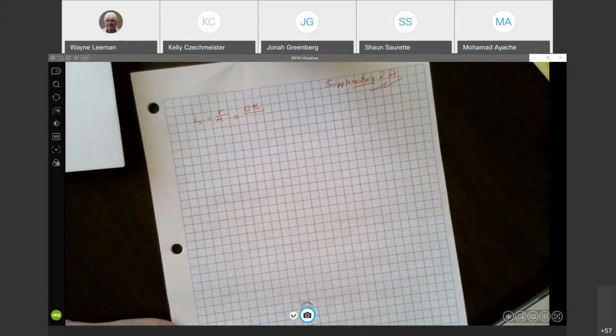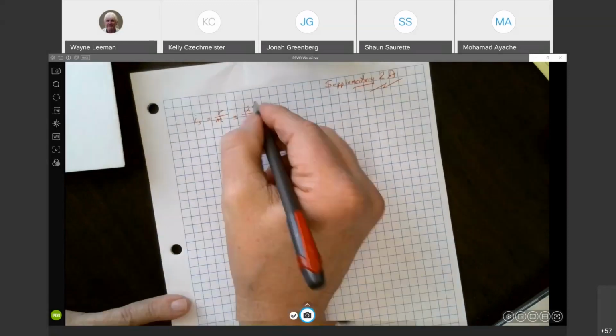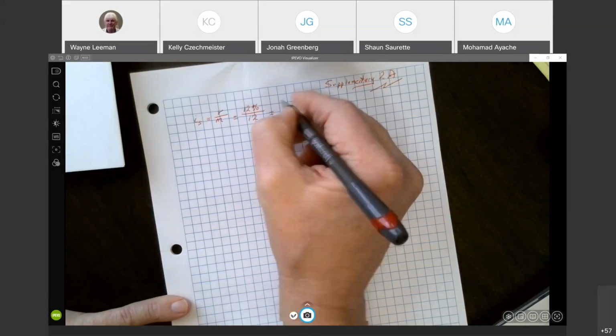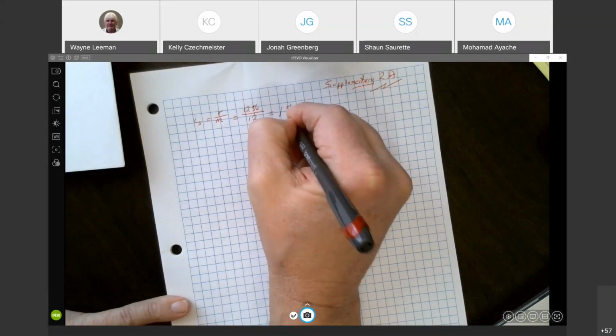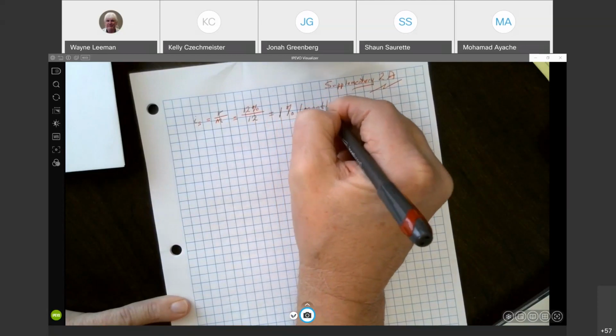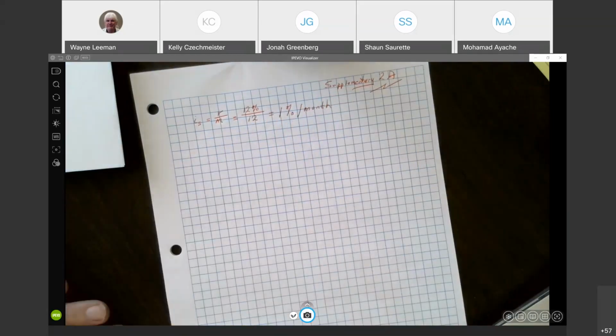And you should be telling me there are 12 months in a year. Therefore, the sub-period interest rate is 1% per month, or 1% monthly, if you like. Okay, so that's pretty straightforward.